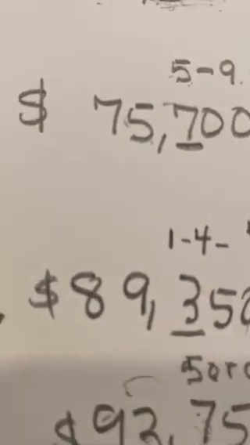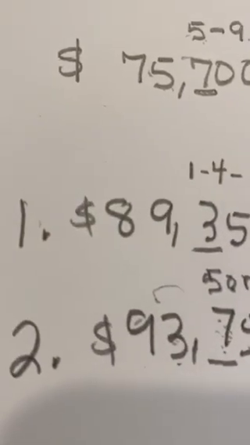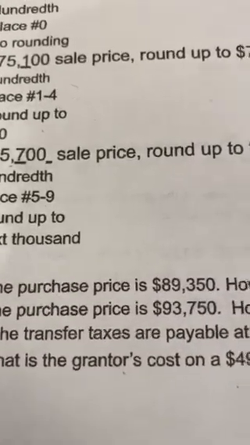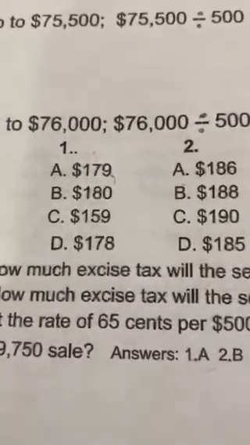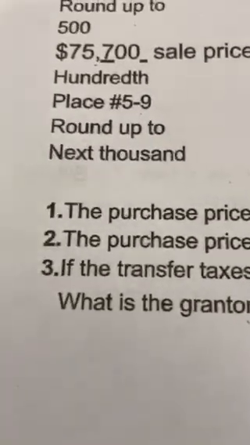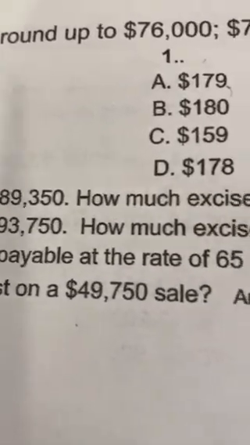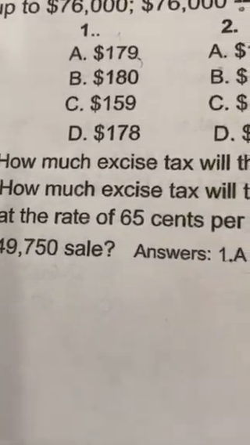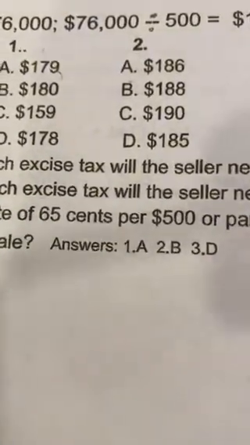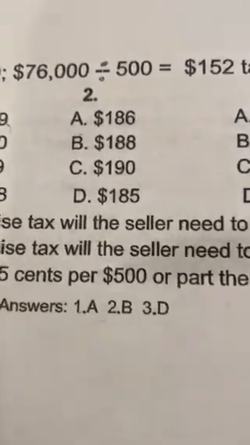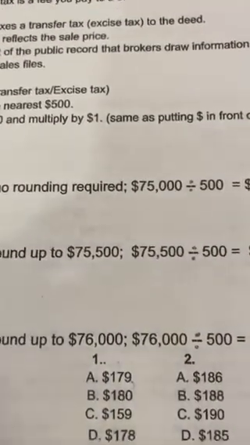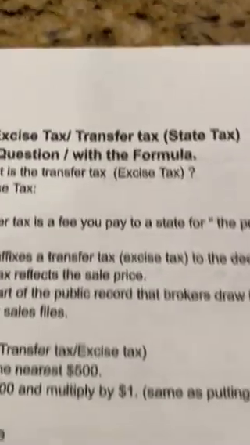That would be if the transfer taxes are payable at the rate of 65 cents per 500 or part thereof, what is the grantor's cost on a 49,750 sale? So 65 cents per 500. That's another type of problem, and we'll go with that later. This is how you do excise tax.